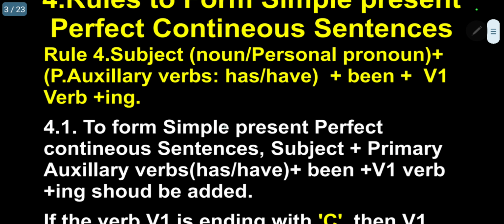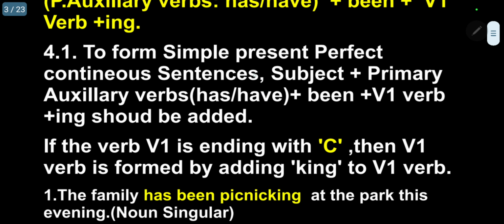So, the rule 4.1. Let me give an idea now. Please follow. To form simple present perfect continuous sentences: subject plus primary auxiliary verb, has or have, depending upon singular or plural, plus been, plus V1 verb, plus ing should be added.